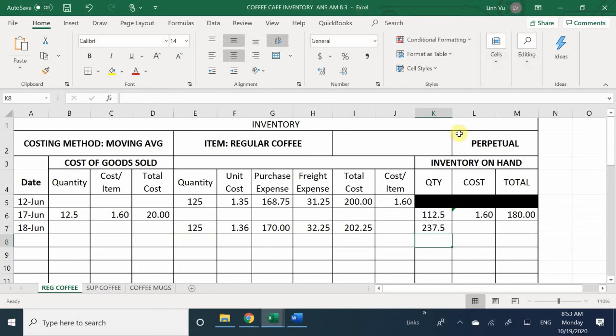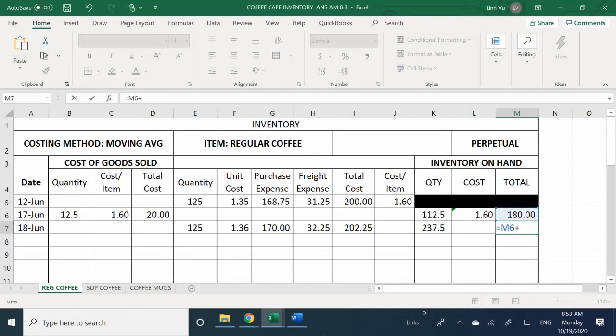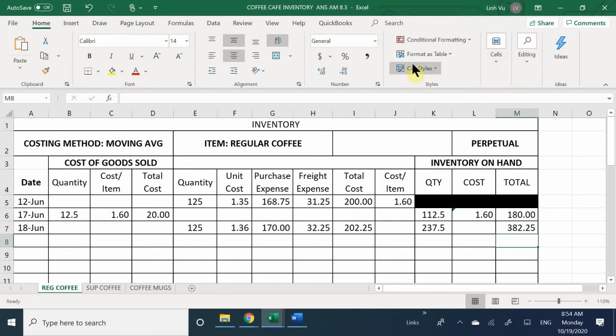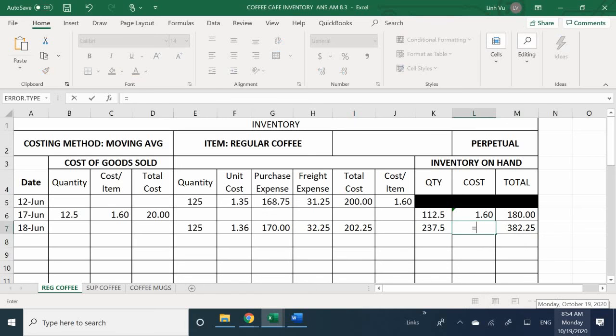Okay. 180 plus 202, 382.50. You divide by the quantity, 237.5, to get the cost: 1.61.